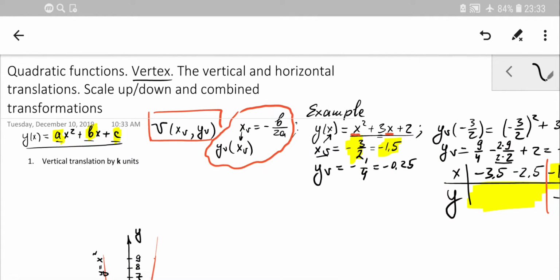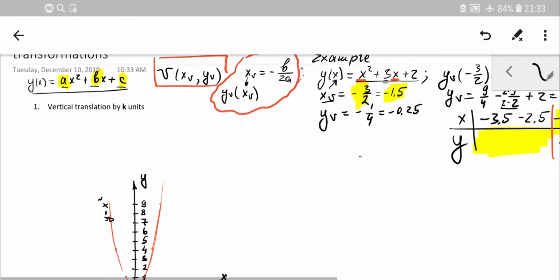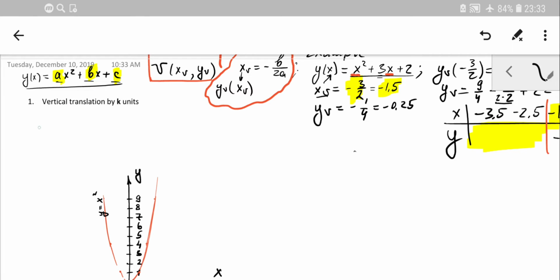So when we have a combined transformation, now we start thinking about the vertical and horizontal translations. So what does it mean? We have the vertical translation by k units. Just remember transformation theory, okay? If we have a vertical translation by k units, just remember what was happening with a triangle, with some 2D shape.